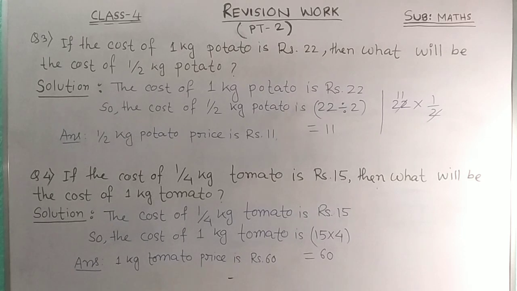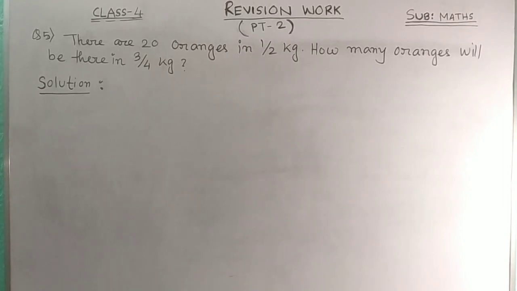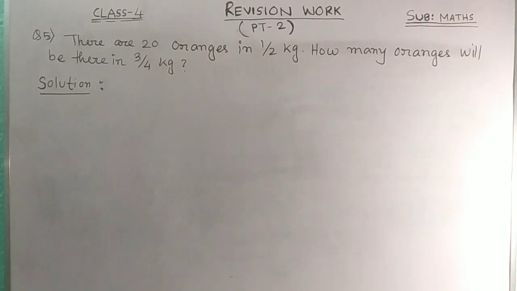Okay, now come back with question number 5. Okay students, the last question I have written on the board. There are 20 oranges in half kg. How many oranges will be there in 3/4 kg?